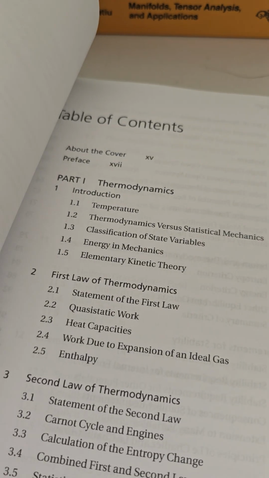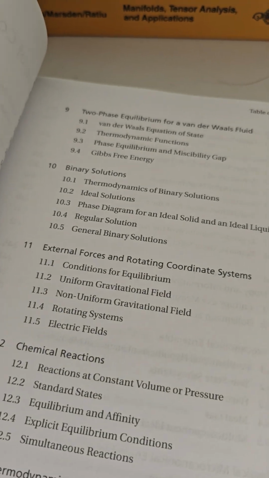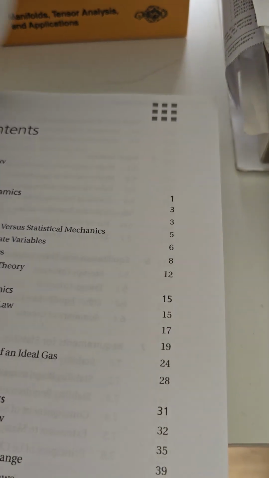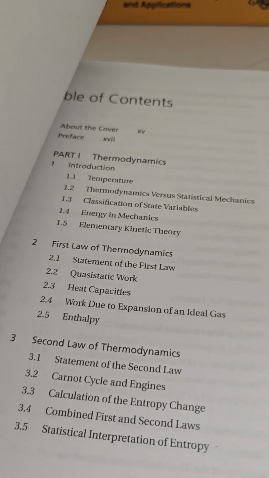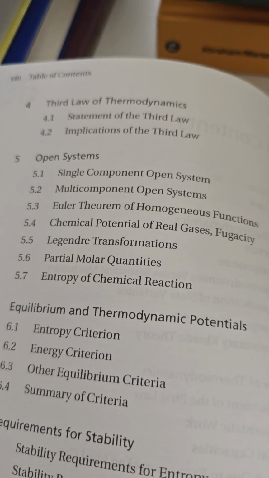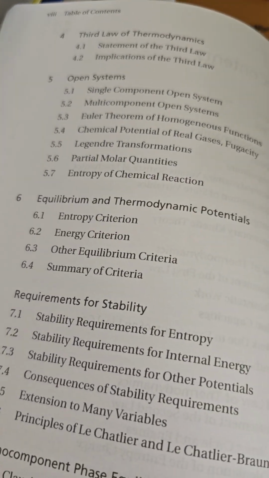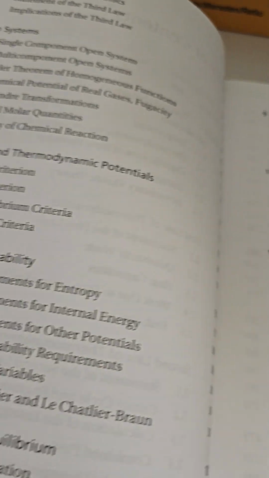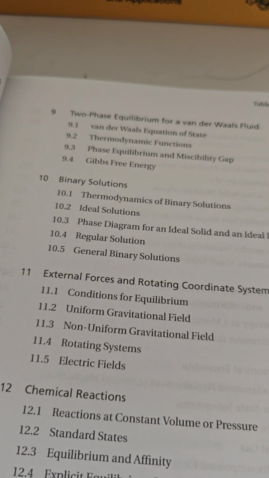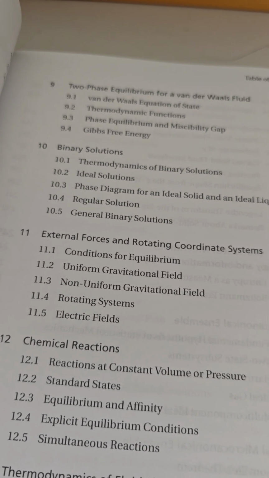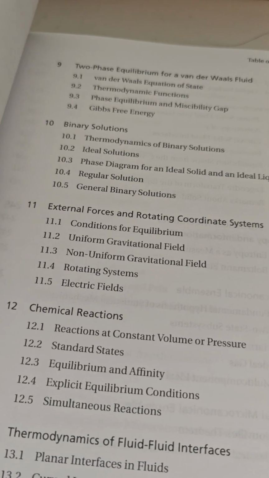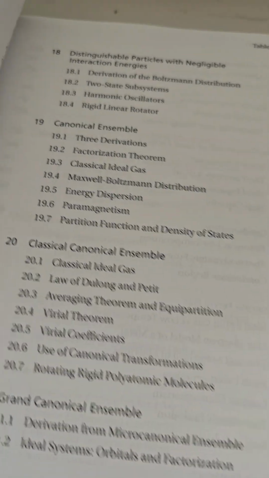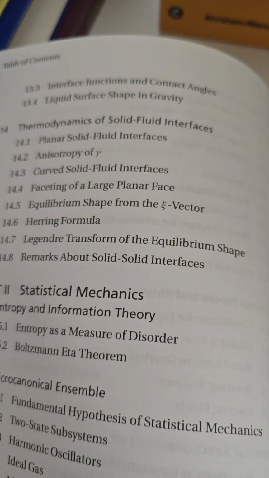So we have part 1 on thermodynamics, and we have the first law, the second law, the third law, open systems, equilibrium and thermodynamic potentials, requirements for stability, monocomponent phase equilibrium, two-phase equilibrium for van der Waals fluids, binary solutions, external force and rotating coordinate systems, chemical reactions, thermodynamics of fluid-fluid interfaces, thermodynamics of solid-fluid interfaces.